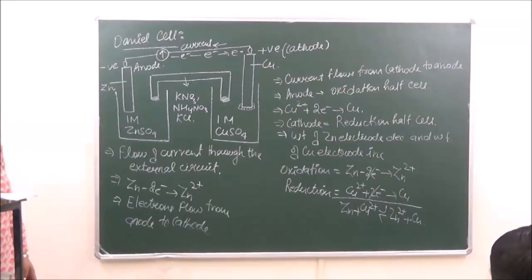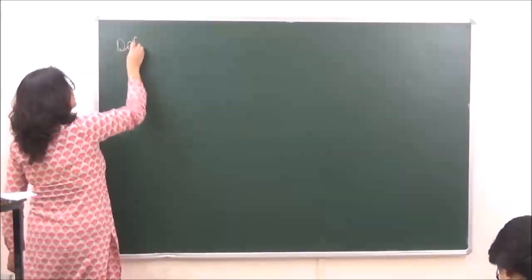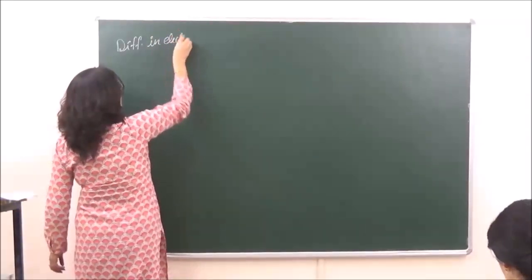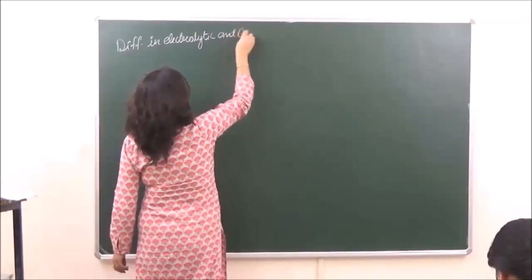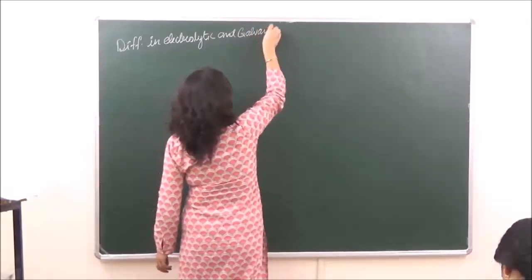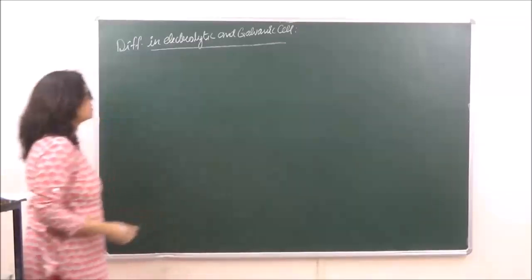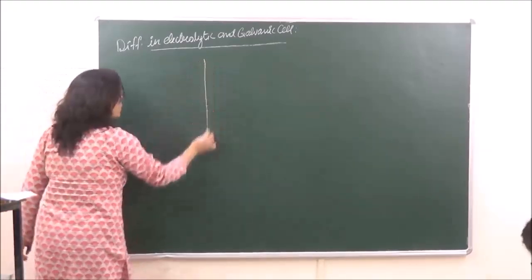Then we have already done two kinds of cells, one which is known as the electrochemical cell, and the other one which is known as the electrolytic cell. Let's see the differences between electrolytic and galvanic cell. So let's put it in tabular form.